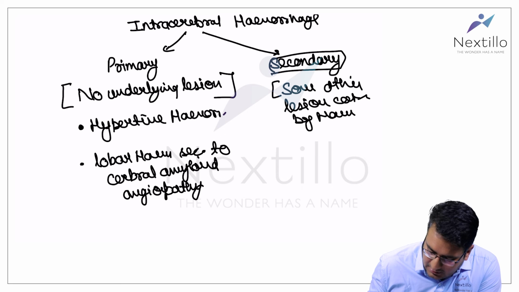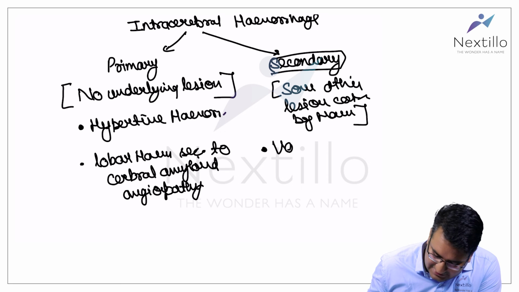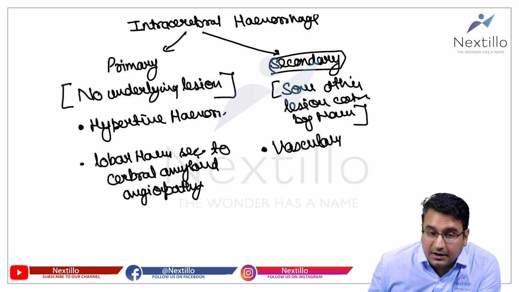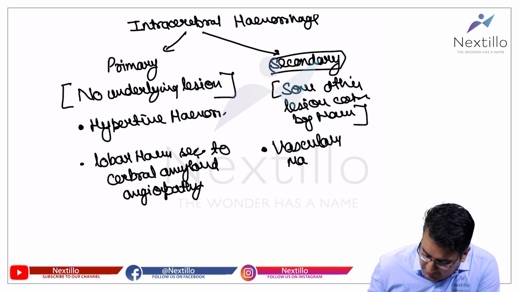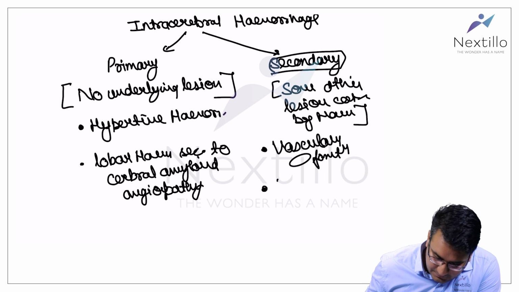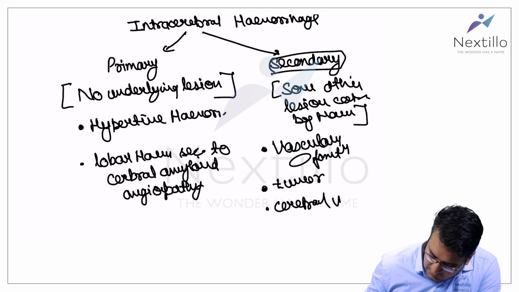Okay, let's see a few examples. Vascular malformation can get complicated by hemorrhage. Okay, vascular malformation. Next will be any tumor, and another one will be cerebral venous thrombosis.